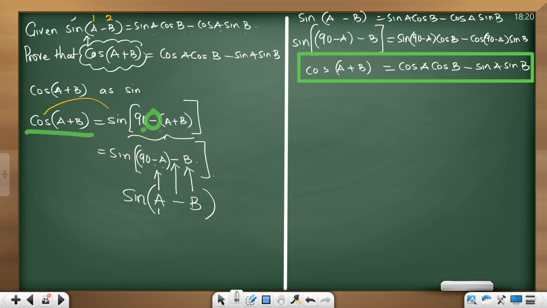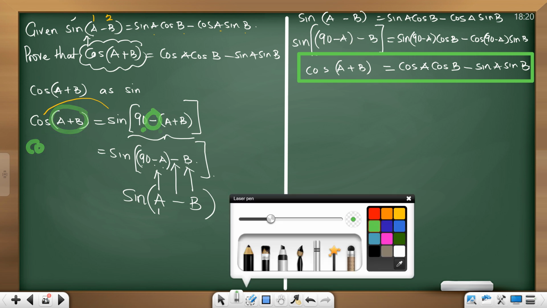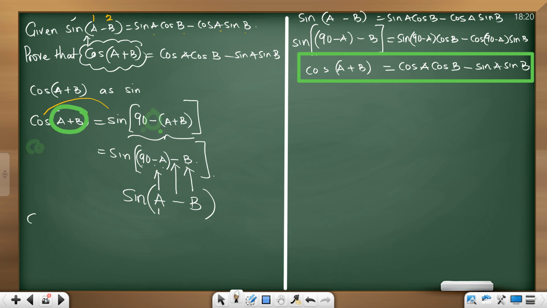So between the A and B, why did we use the plus and not a minus? Because it's this. Remember, when I say cos theta is sine 90, that's the rule. This one is always a minus. Guys, are we okay? Are we on the same page?